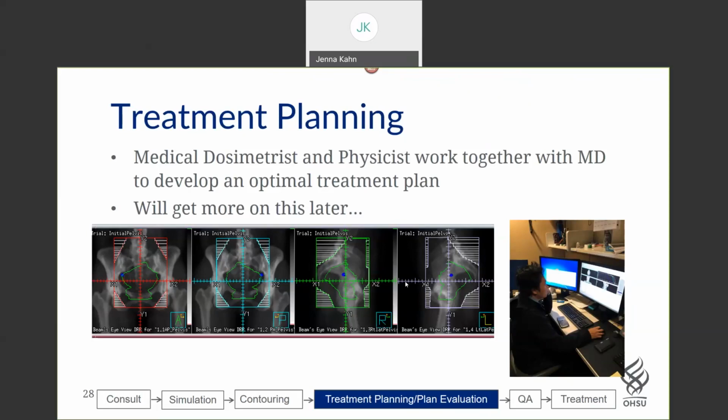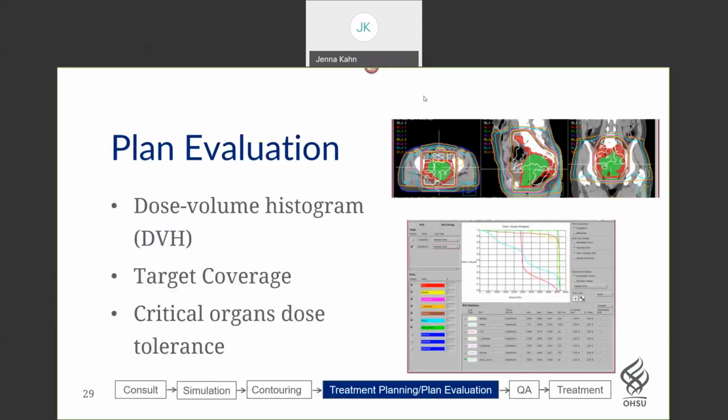These are the beams that the linear accelerator puts out to make a plan. You can see that plan with all of these beautiful colors that show our dose distribution to the target that we are trying to give the radiation to.